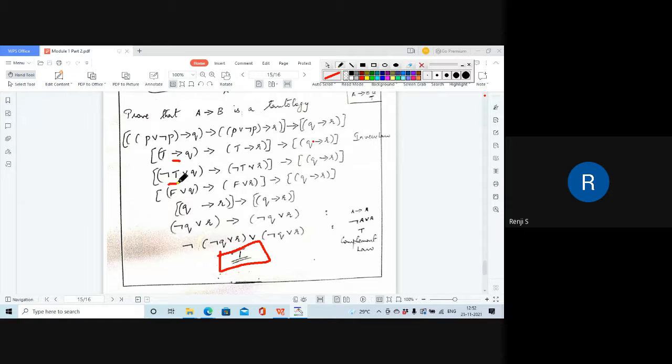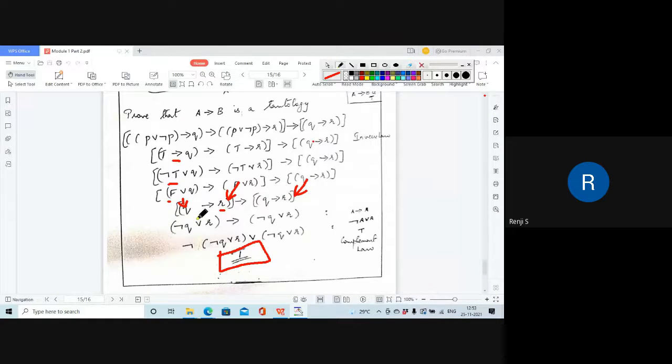Not T means not true, means F. So not T means false or Q implies false or R. Again it implies the RHS, Q implies R. Then F or Q is Q itself, and F or R is R. So Q implies R is written as such.